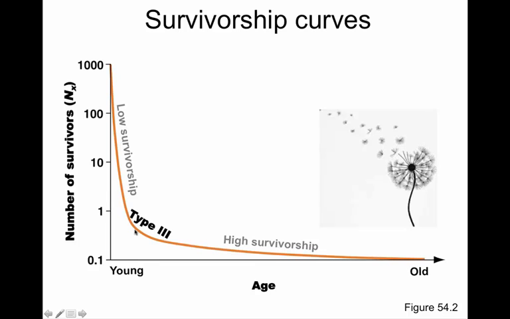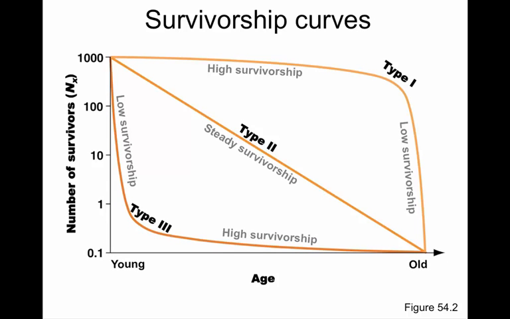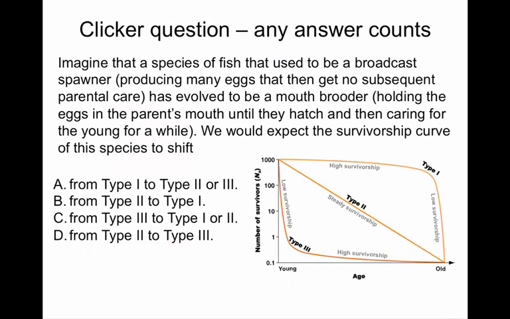Very low survivorship at the very beginning, and then if you make it through this very dangerous stage, then you have an increased survivorship through your old age. So a very different kind of relationship with death rate as a function of age. If we put all three types on the same graph, then we have reconstituted figure 54.2, which is in front of you right now.